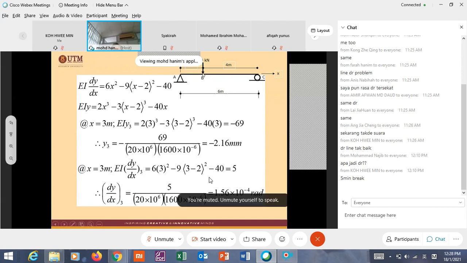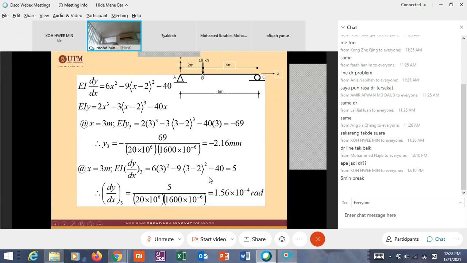But here, the 18 meter load is positioned eccentric to the midspan. Therefore, it is not equal to 0, but nearly 0.